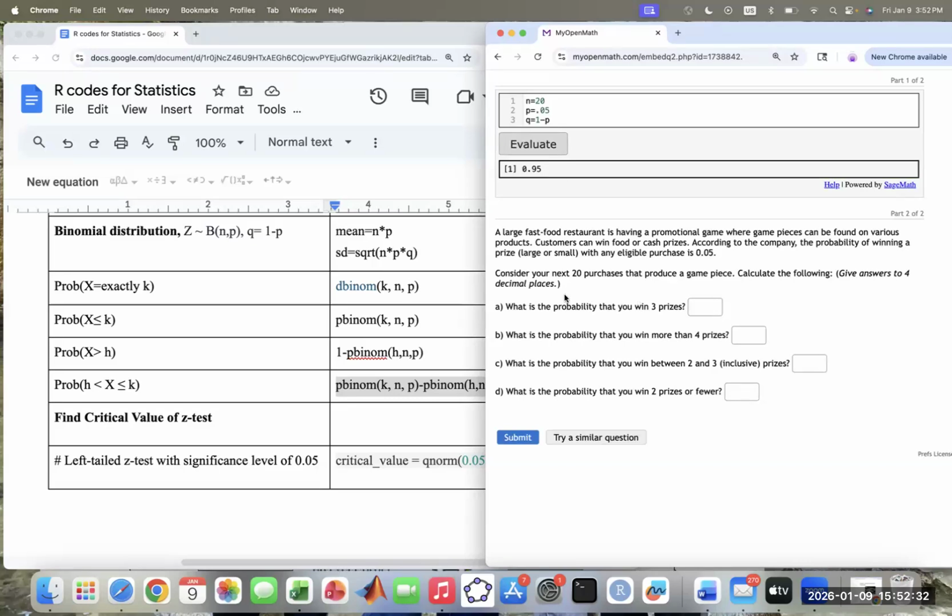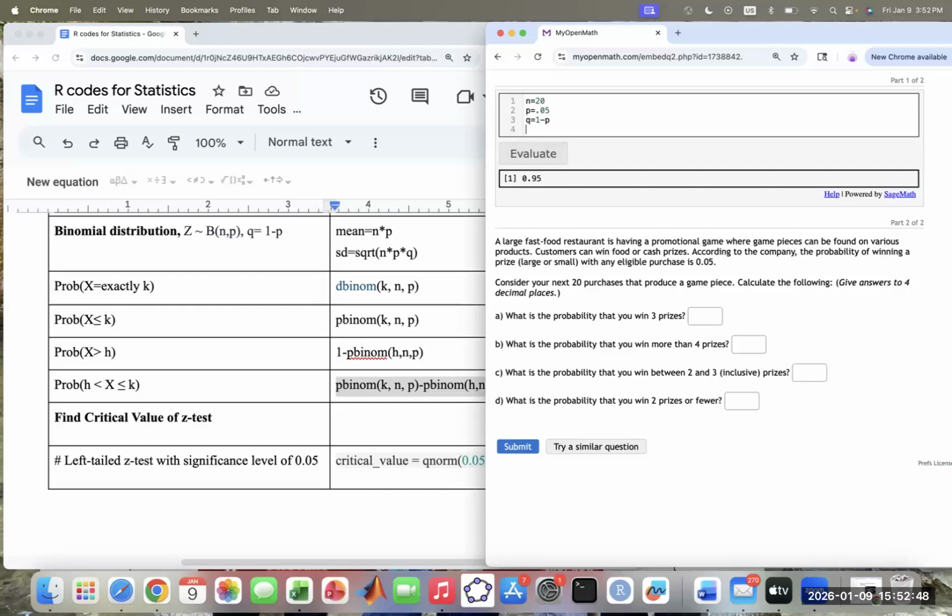So now they ask you, in the next 20 purchases, what is the probability that you're going to win 3 prizes, regardless of big or small, doesn't matter. So this is what we're going to use right here. For this one, I'm going to use D binomial distribution over here, and I will have K, in this case 3, and then N, we have to put N first, right?